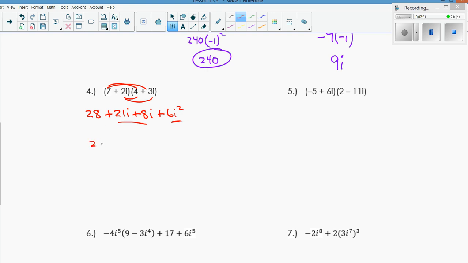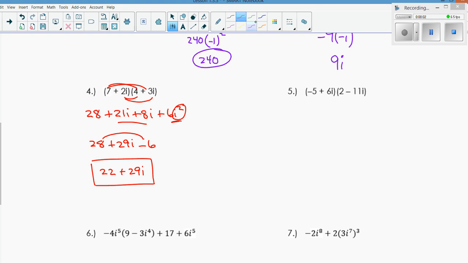So this means that I have 28. 21 plus 8 is 29i. And 6 times negative 1 is negative 6. So these are actually both real numbers, and I can combine them and make 22 plus 29i. Remember, this is the only way that our answer should be written. It is in the form of a plus bi. That's our standard form, real plus imaginary.